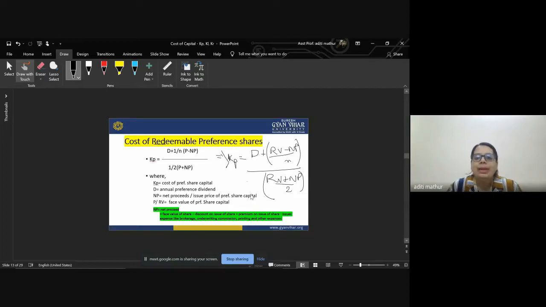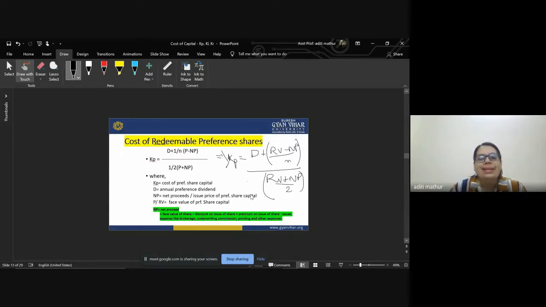So this might be a situation where you see that the formula is the same as in the cost of redeemable debentures. Right now, many of you might be having a deja vu that we have studied these terms, and yes, you are right.